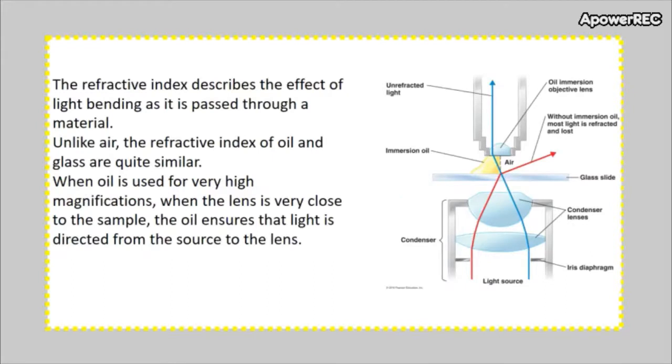Okay, the refractive index basically describes how light bends as it passes through a material. And we need to be aware that there are different refractive indexes depending on the material. So air and glass are quite dissimilar in their refractive index.